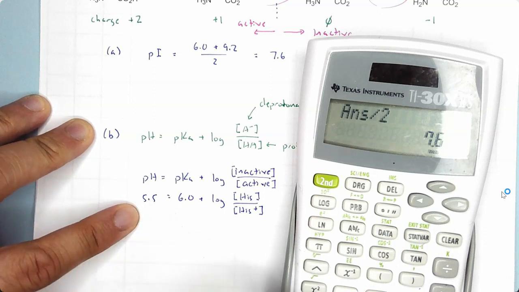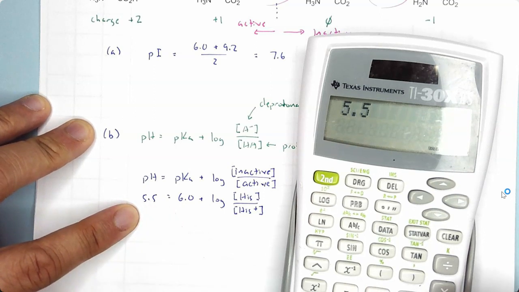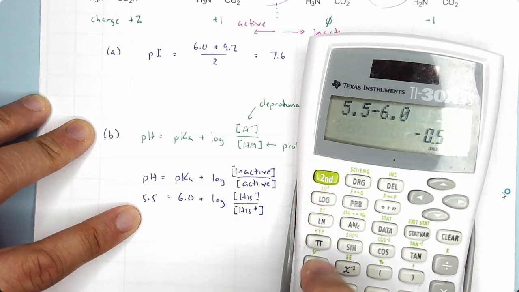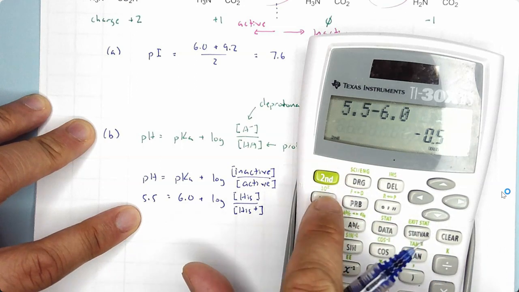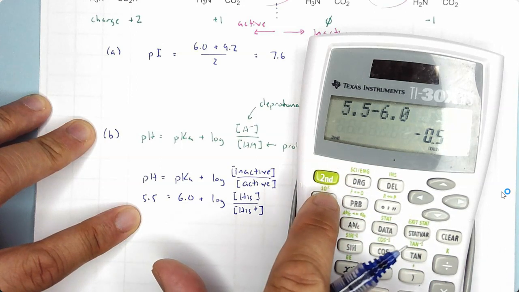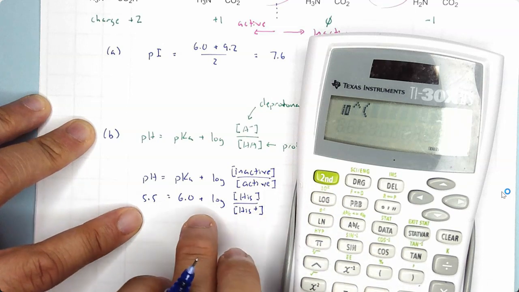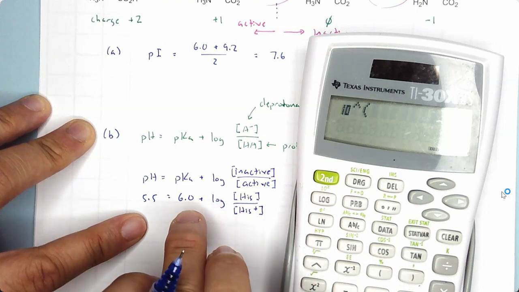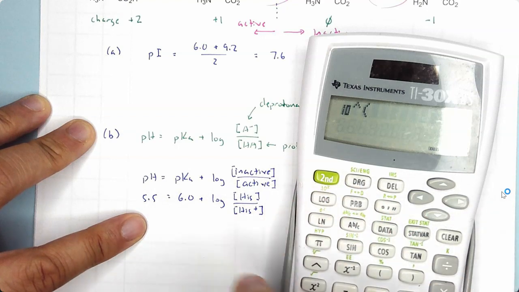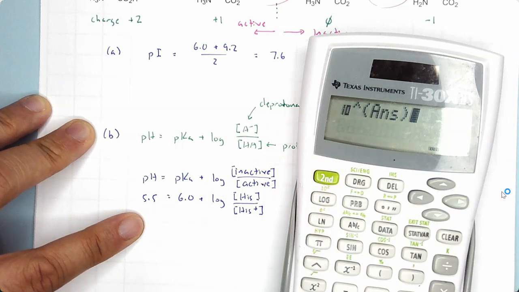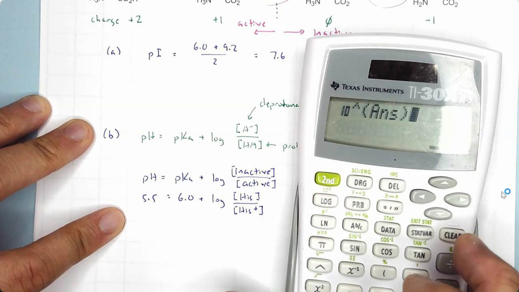So we have 5.5 minus 6.0. And then what do we do with this? We take the, what's the antilog? On my calculator, it's the shift button log. Okay. Don't mess with the signs. You're just taking that value that we calculated and putting it into 10 to the, you want to do this in parts.